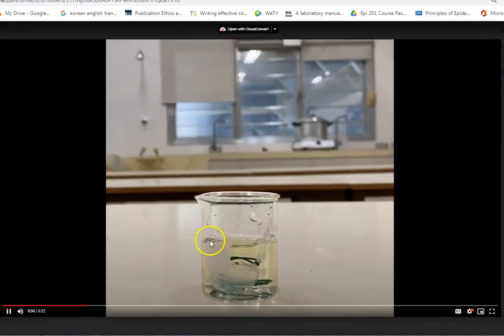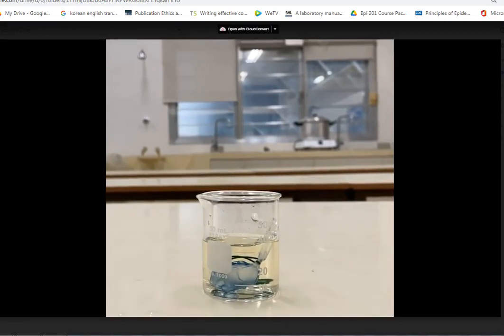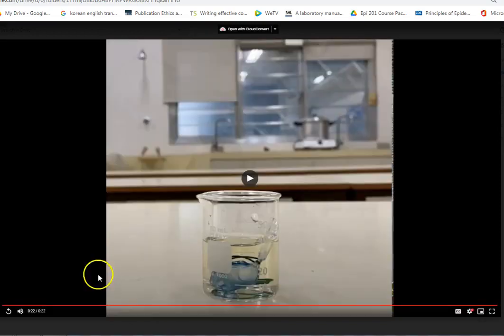We have our beaker with the water and potassium iodide, and here we have our starch solution inside the cellulose sac. So what happened? Where did the blue-black discoloration occur? Can you tell me where the blue-black discoloration was observed? Was it observed inside the cellulose sac or outside the cellulose sac within the beaker?